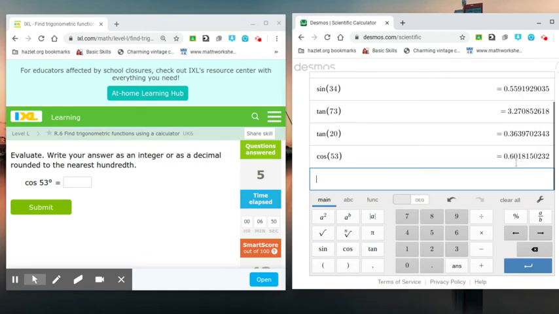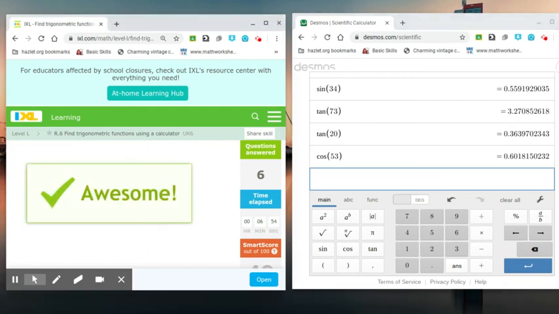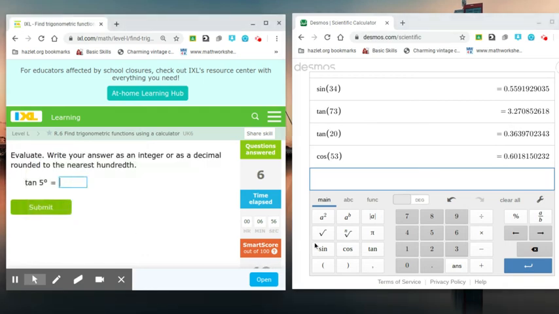Because of the 1, you don't have to round, so it's just 0.60. Okay, another one is tan 5. Enter. 0.087. Because of that 7, the 8 is going to round up to a 9. So it's going to be 0.09.